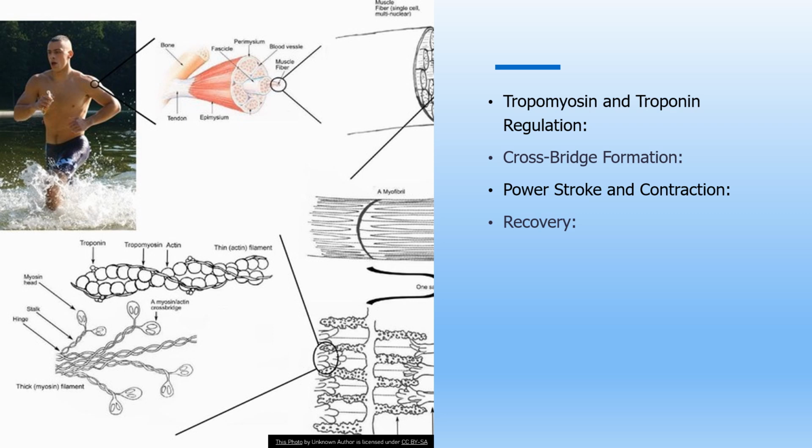This neurotransmitter binds to receptors on the muscle fiber cell's membrane, the sarcolemma, leading to an action potential. The action potential then travels along the sarcolemma and into the transverse tubules, ultimately causing the release of calcium ions from the sarcoplasmic reticulum.